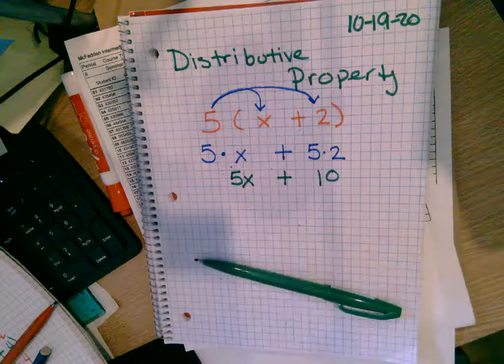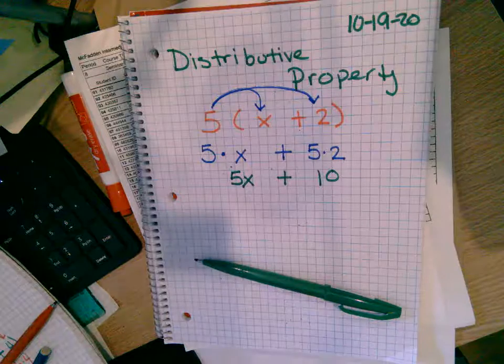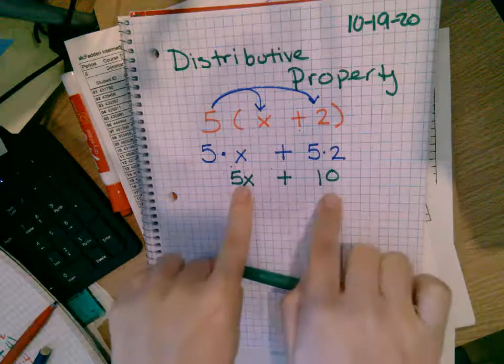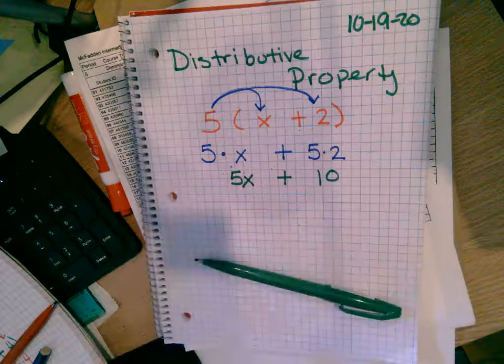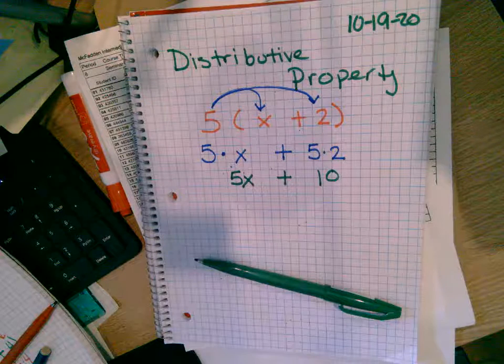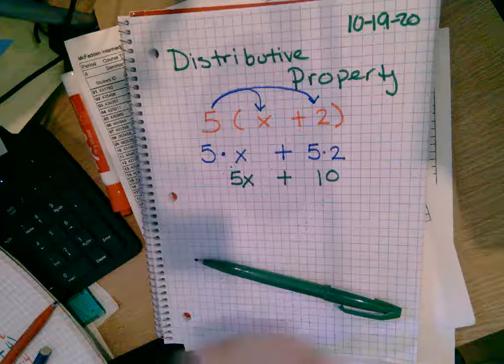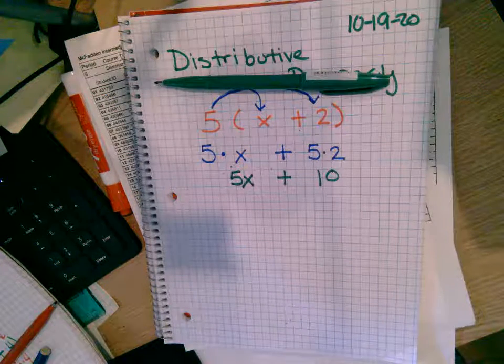Now, can I add these two together and call it 15x? Or do I keep it separate? This is how I explain it to my second period. Let's pretend you grab your backpack from last year.